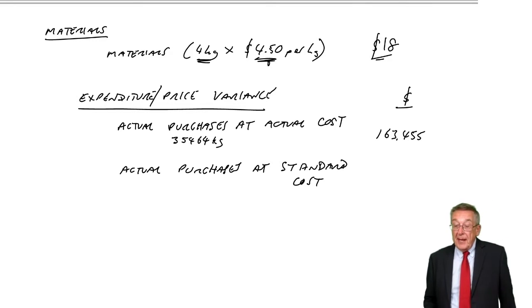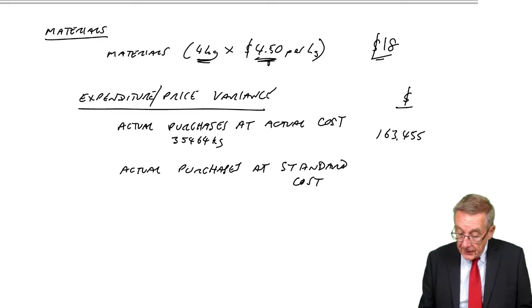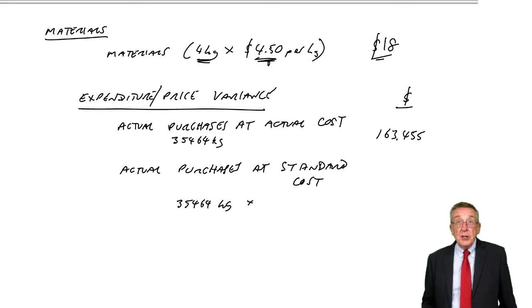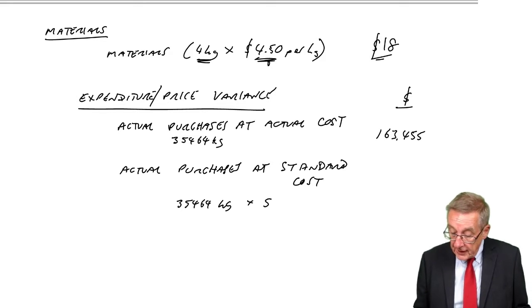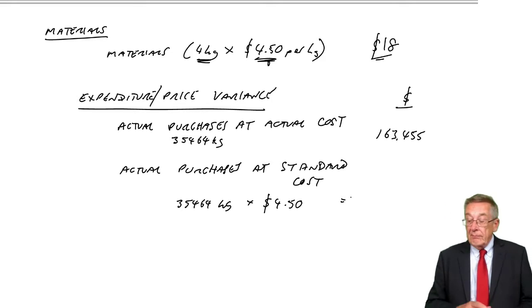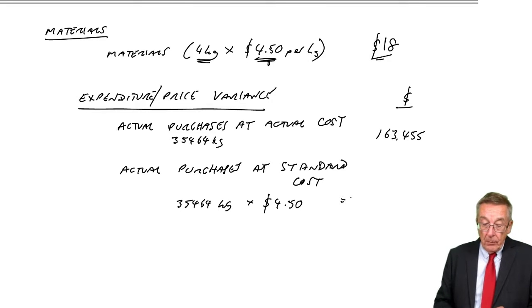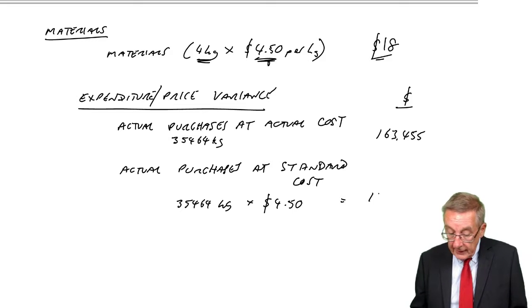How much should we have paid if we'd paid the right price for those 35,464 kilos? Look back at the cost card. We should have been paying $4.50 a kilo, and so in total, for what we bought, we should have paid $159,588.